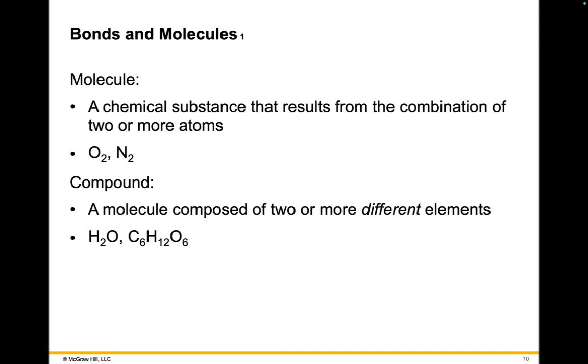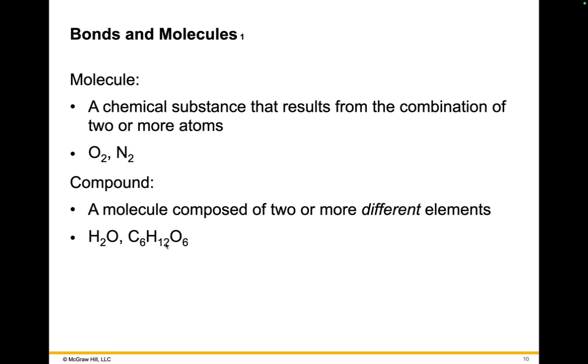A compound is a type of molecule, but it's going to have different elements in it. So oxygen is a molecule, but it's not a compound because it's only made of oxygen atoms. Water is a molecule, and it's also a compound because it's made of not just oxygen, but also hydrogen. Nitrogen is a molecule, but it is not a compound because it is only made of nitrogen atoms.